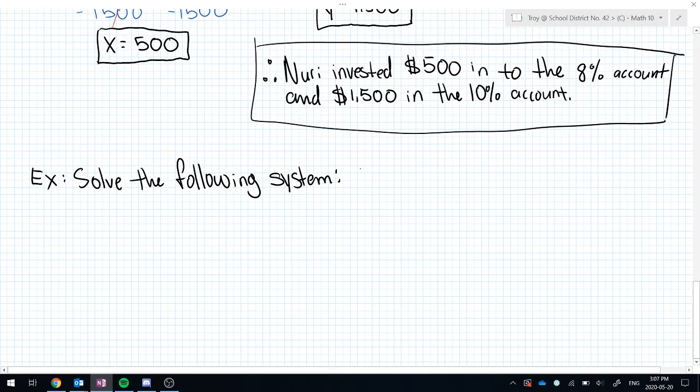And the system is 1/2 x plus 2/3 y equals -1. And we'll have y equals 1/4 x minus 5/3. So this is y equals mx plus b form there.